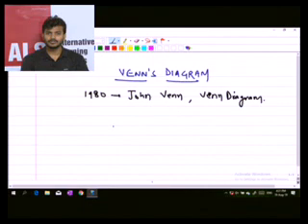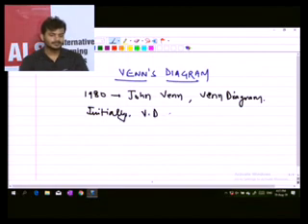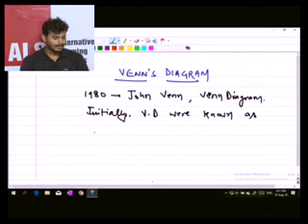You must have heard about Euler, who did so many things. Initially, Venn diagrams were known as Eulerian circles.